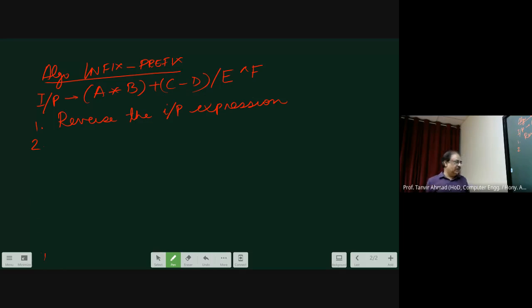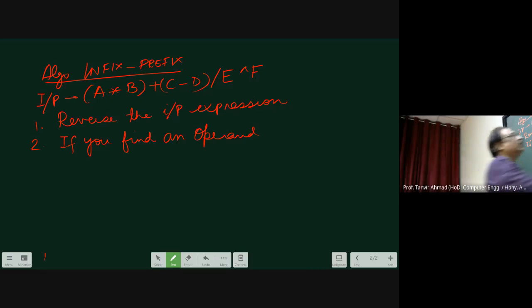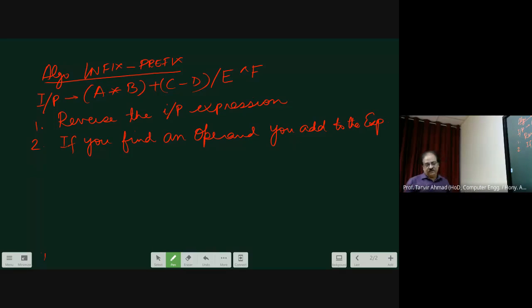This will be the same in both cases. Now, if you find an operand, what you did in the previous algorithm is add it to the expression. Same thing: an operand will always come into the expression.